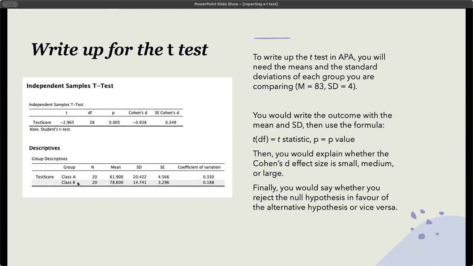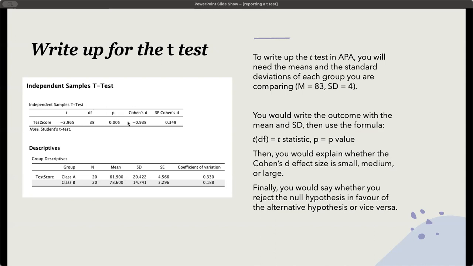We wouldn't have two different groups for a one sample t-test. You would also want to write the outcome with the mean and standard deviation and then use the formula t, degrees of freedom, equals the t statistic, and then p and the p-value. So we get the t statistic right over here, the degrees of freedom up here, and the p-value here.